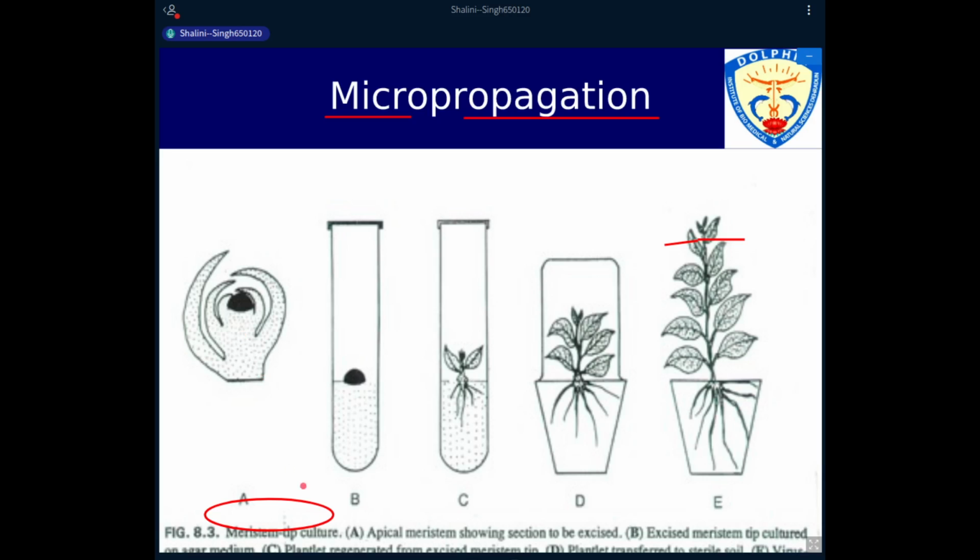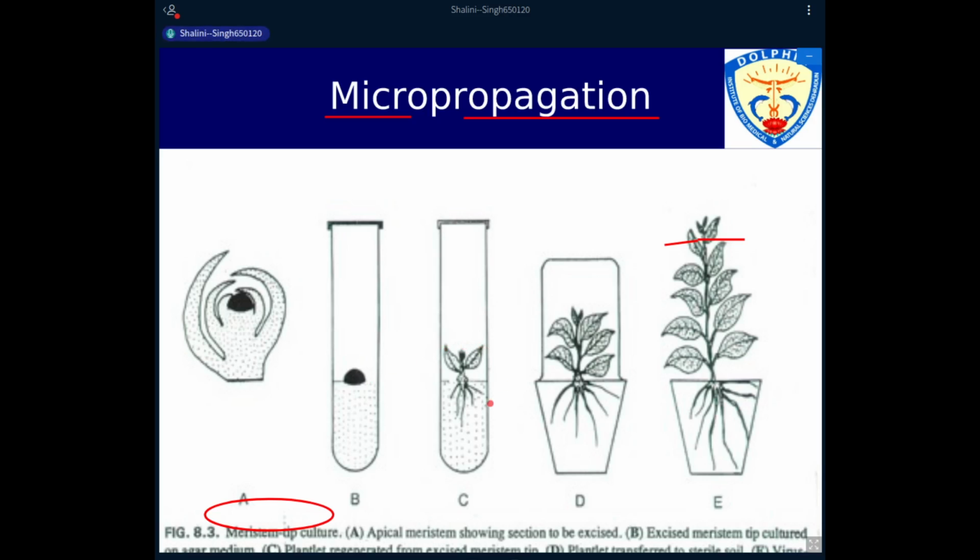And what will you do now? This apical meristem is excised. After that, it is sterilized. What is sterilization? That means it is treated with some chemicals to make it free from microbes. Then it is inoculated onto nutrient medium.